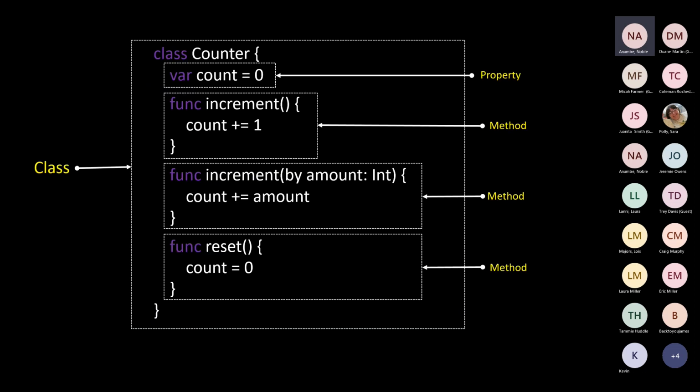So this is an example of a class. You have the class, then you have your properties, and then you have methods. So this is typically what a type is. A type has properties, and then it has methods.